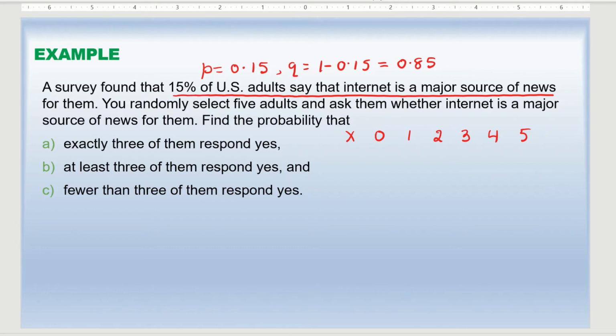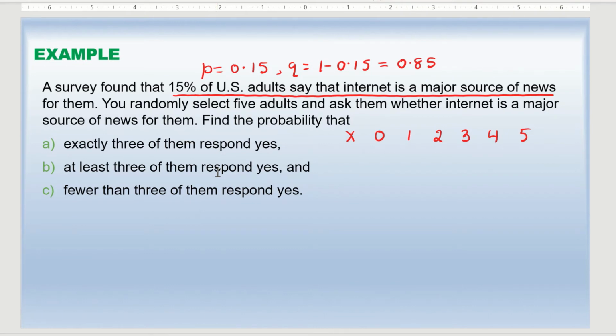So these are the random variable values. The probability of these people answering yes is 0.15, and answering no is 0.85. So you always have the same value in each trial. So this is the binomial experiment.